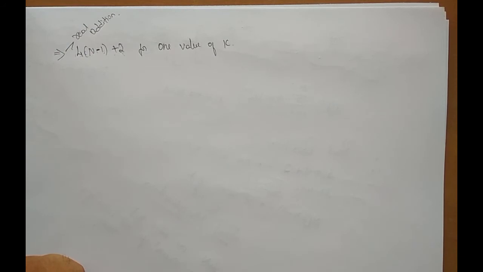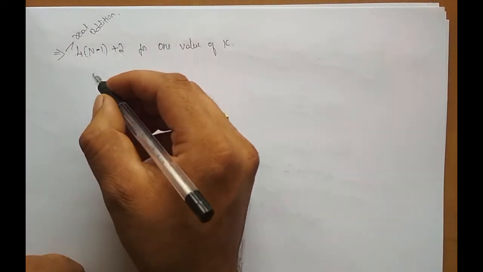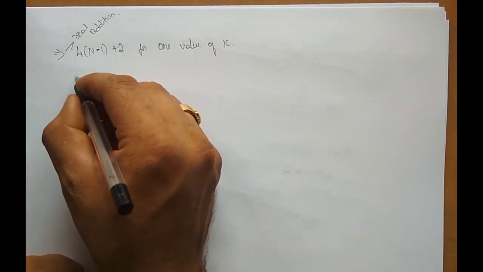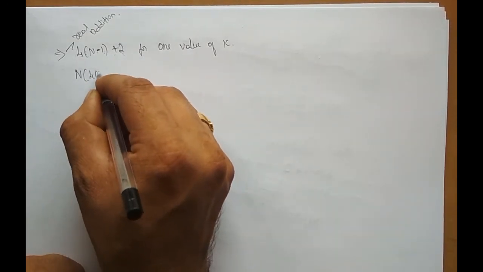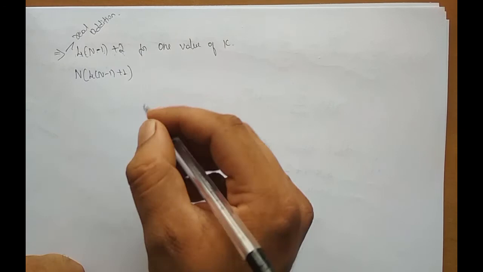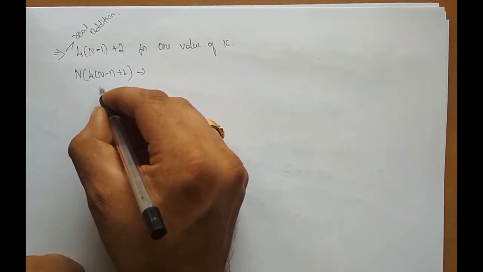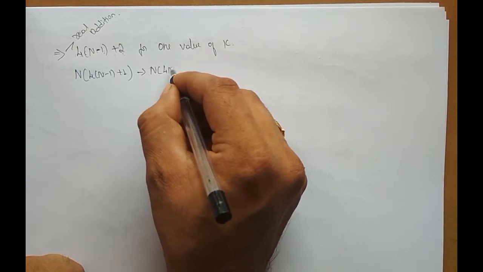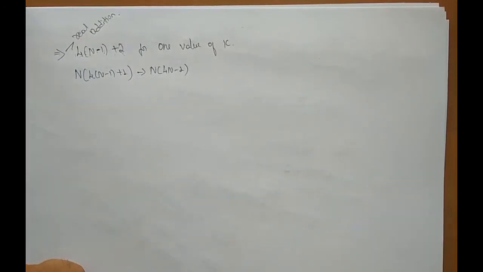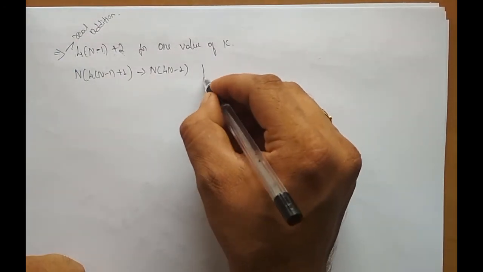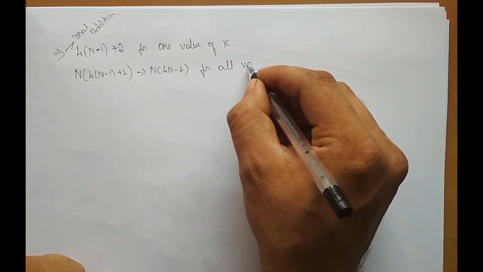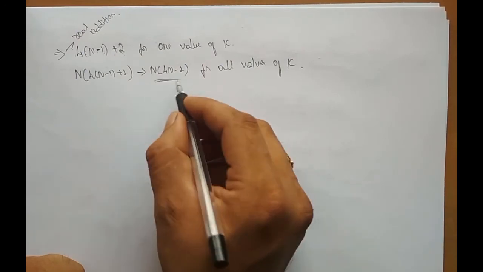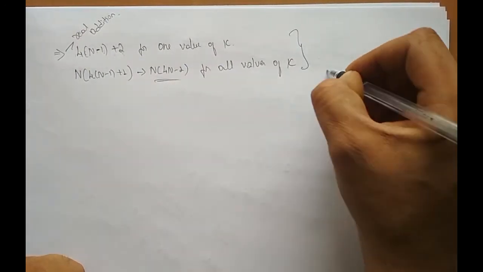This is for one value of k. So for all values of k, it requires n times 4 into n minus 1 plus 2, right? And if I simplify this, this is n times 4n minus 2, right? So this is for all values of k. So this many real additions it requires.